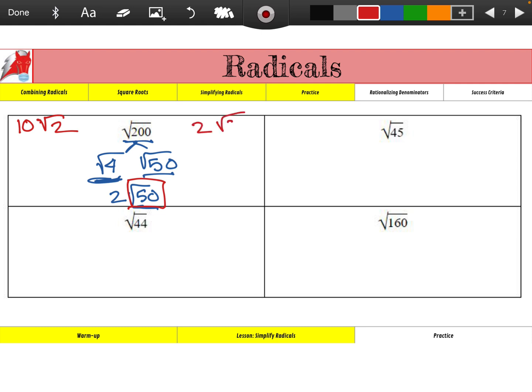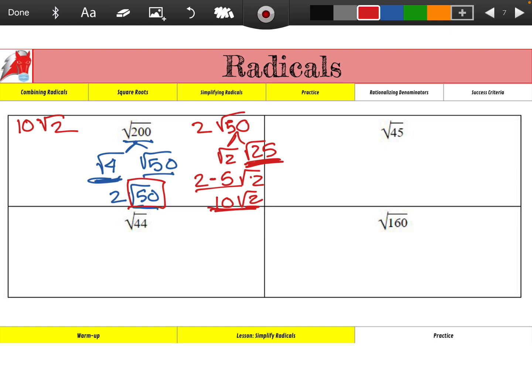So if I have 2 root 50, root 50, that can be split to root 25 and root 2. Well, this is the one that can get split. So now I'm sitting at 2, and this is all being multiplied, root 2. Combine, I end up in the same place. And now that's simplified, I can't go any further.